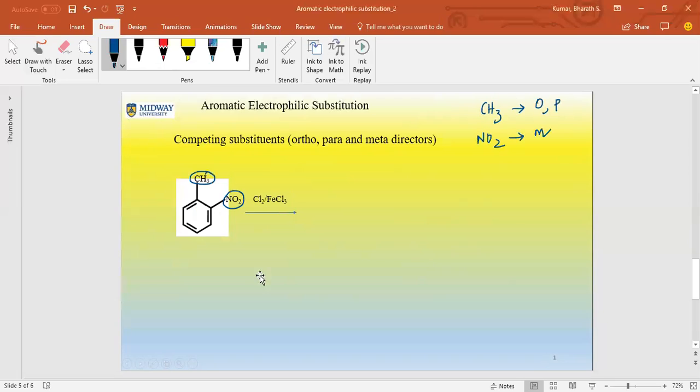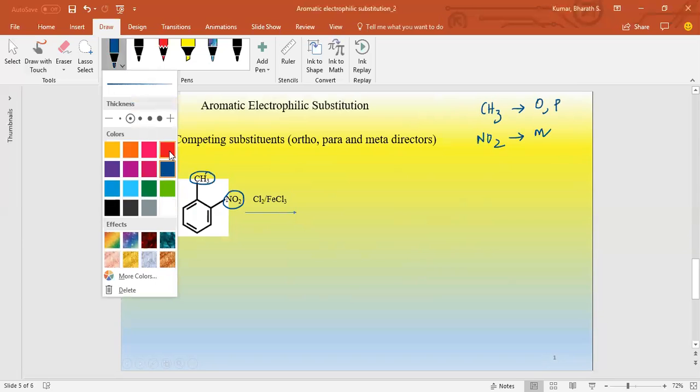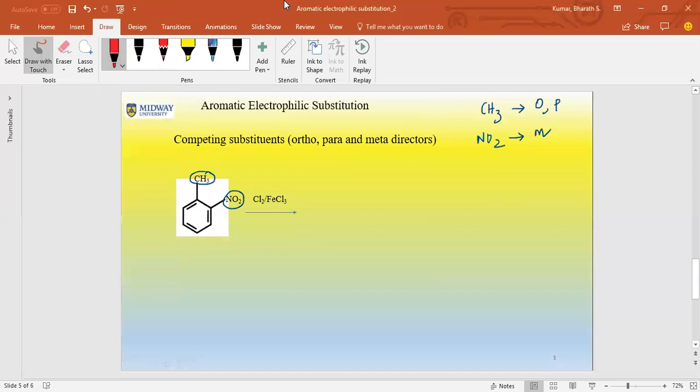Here's something very, very important. Pay very close attention to the way I put my colors. I am going to give different shades. For methyl, with respect to the methyl, I'm going to overlay it in red.